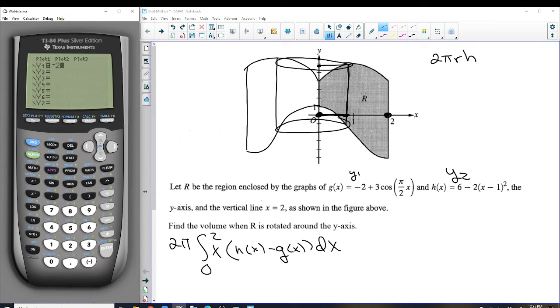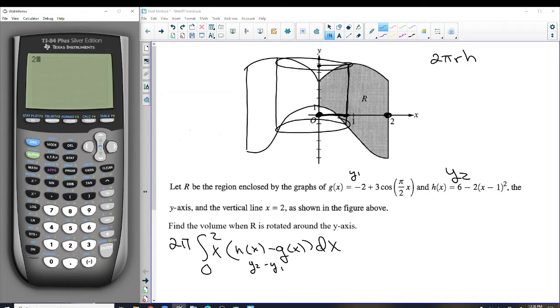So we have negative 2 plus 3 cosine of pi divided by 2x in y1, and in y2, minus 2x minus 1, and that's squared. So h minus g. All right, we actually want y2 minus y1, don't we? So let's get out of here.